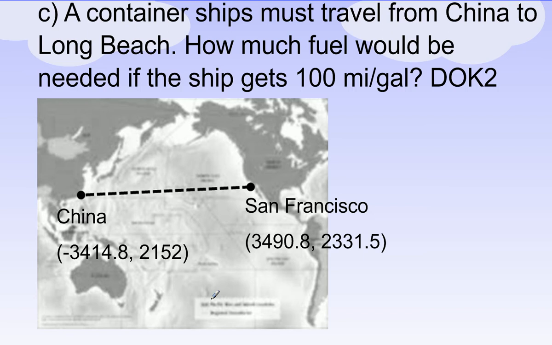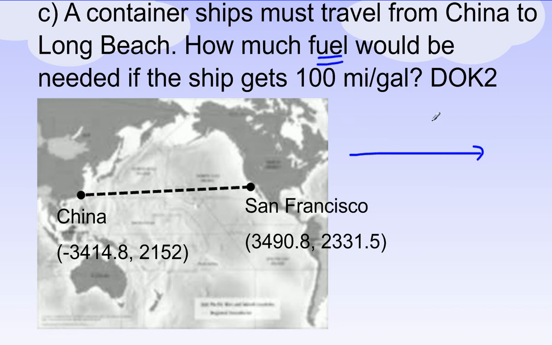And the latitude and longitude on the Earth is sort of like a coordinate grid. To find the fuel, we first need to figure out the distance, because the amount of fuel you need depends on how far you go.